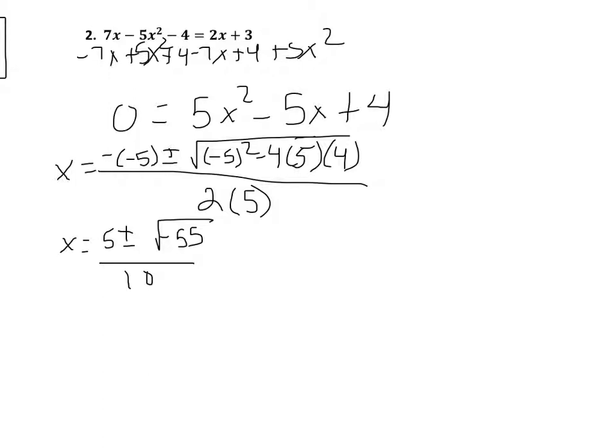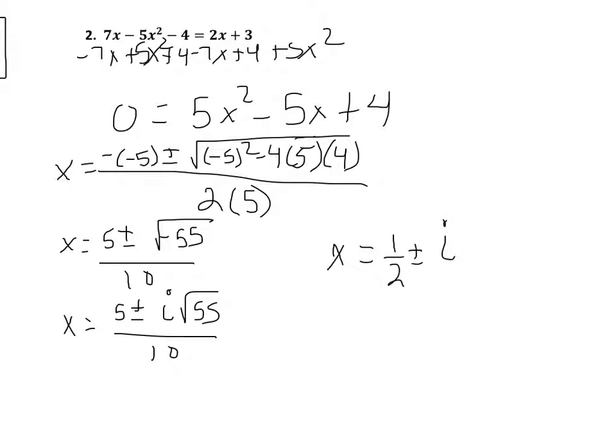Now remember, this is going to be imaginary, so you get x equals 5 plus or minus i times the square root of 55 over 10. And then that would equal 1/2 plus or minus i times the square root of 55 over 10.